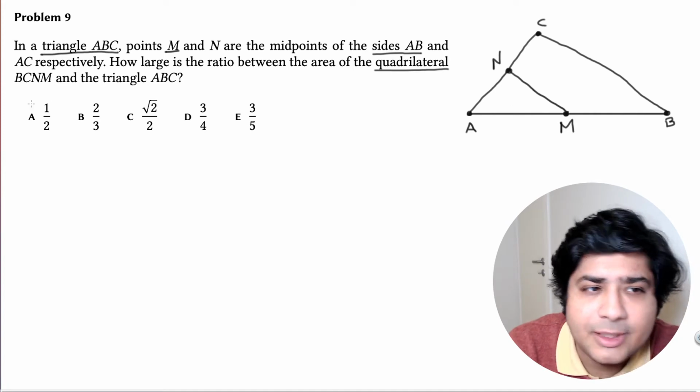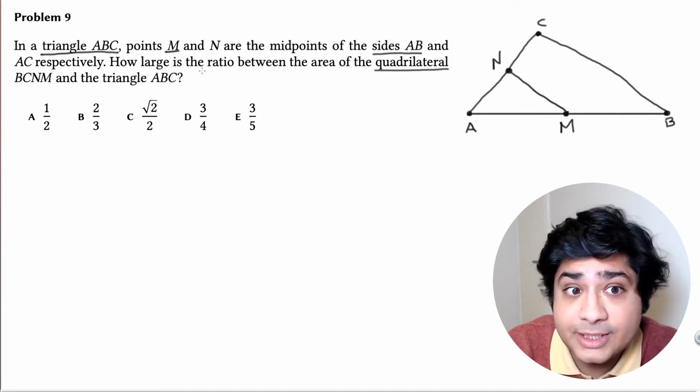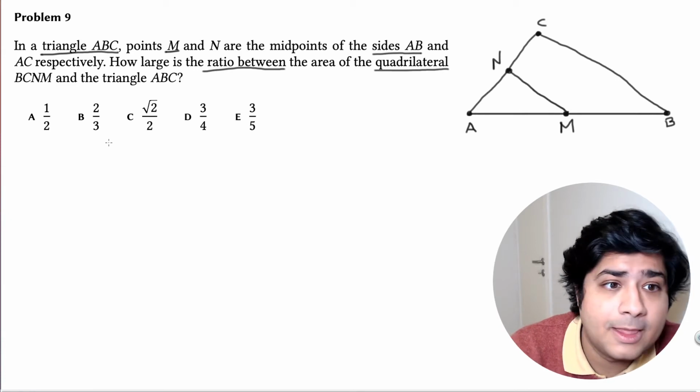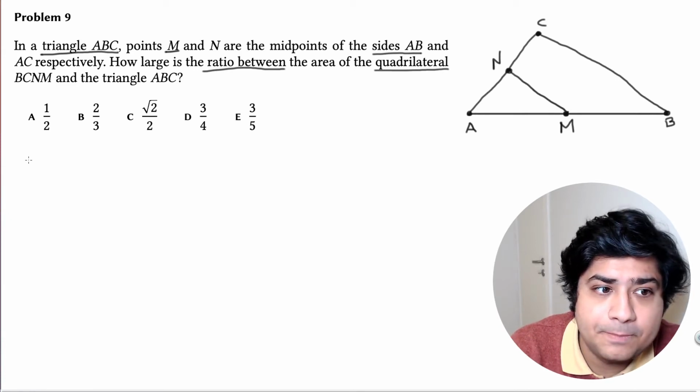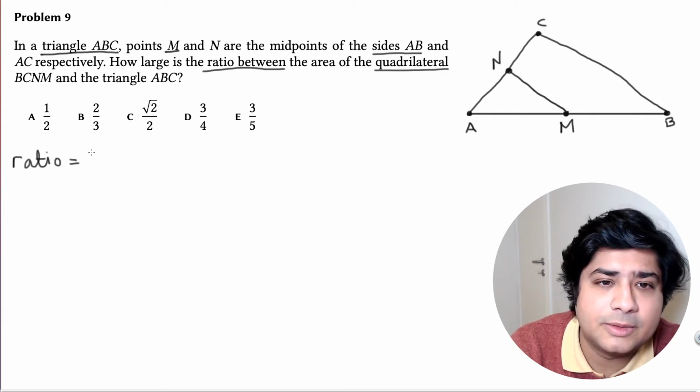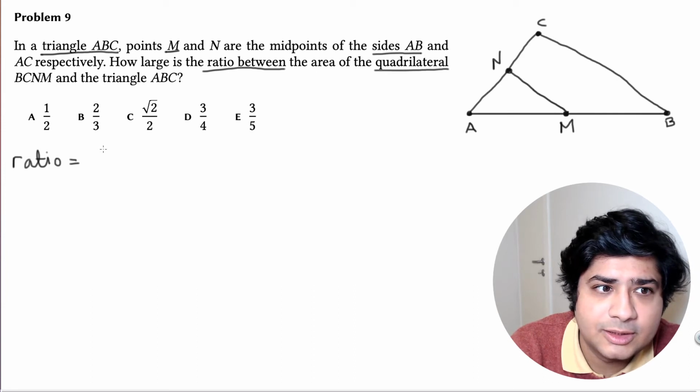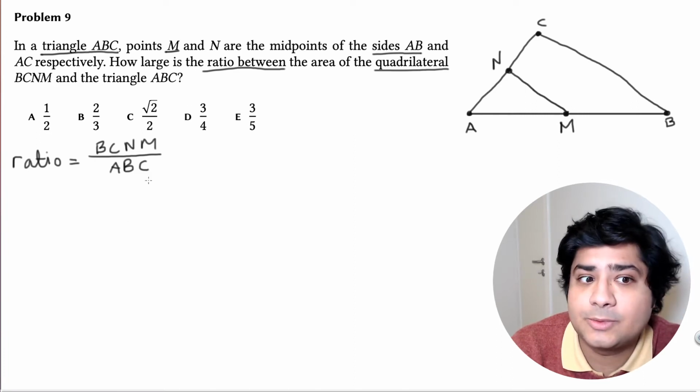All right, so I'm going to write down what it is exactly that we're looking for, because the ratio would be the area of B, C, N, M divided by the area of A, B, C. That's what we're after.